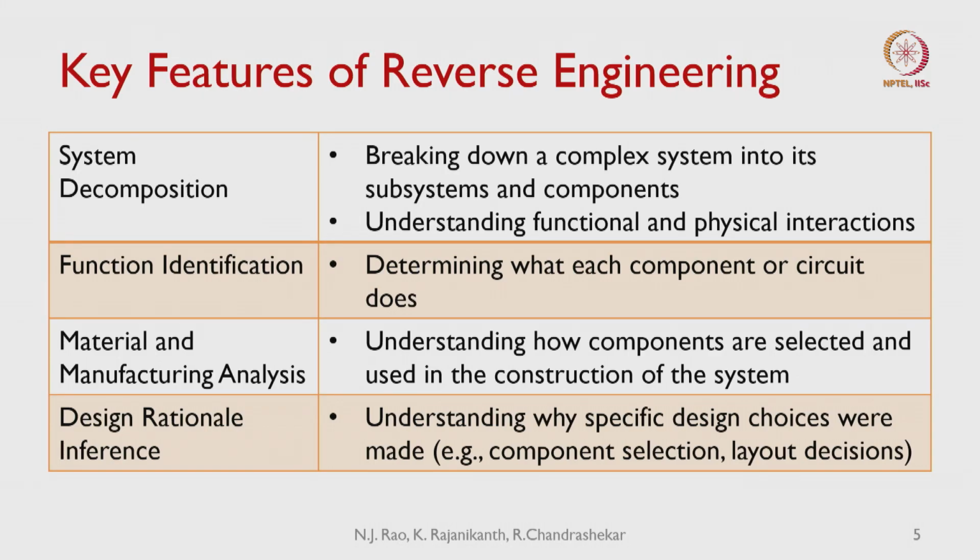Then, based on all this, design rationale inference: why specific design choices were made, whether it is component selection or layout decisions or manufacturing process selection, whatever it is, why those specific design choices were made.